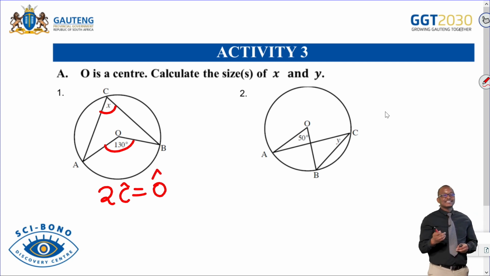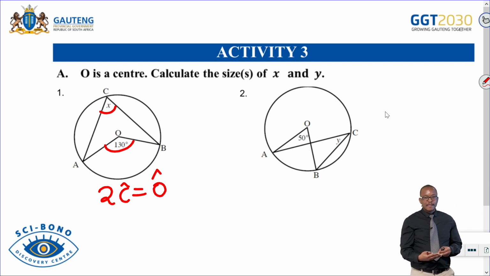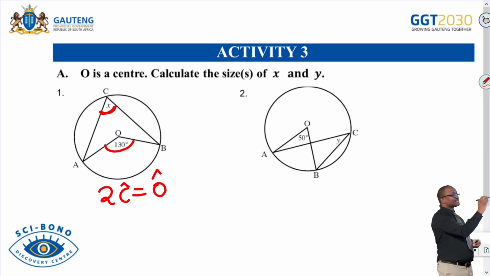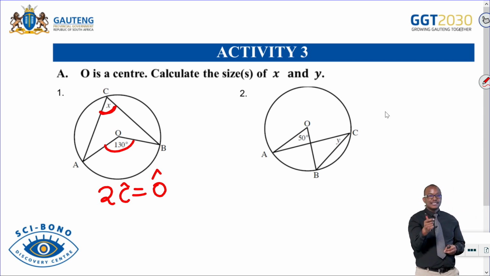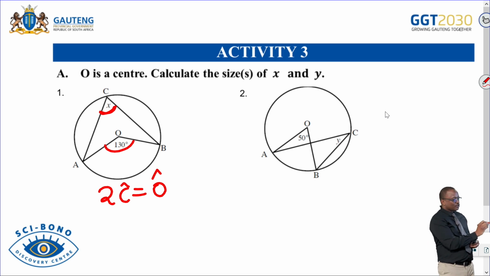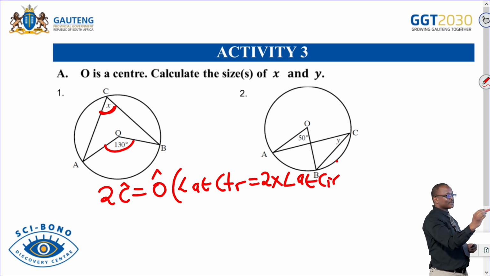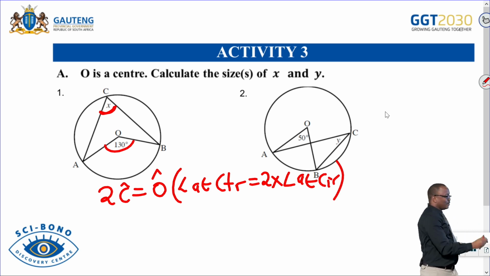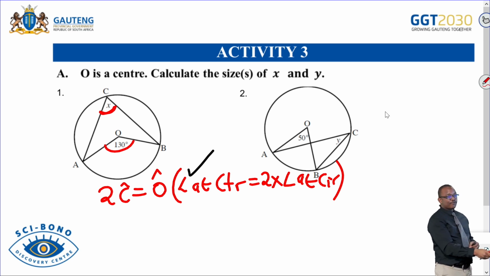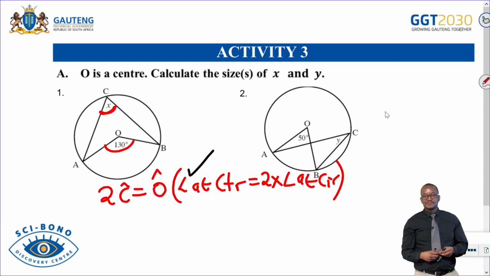The angle at center is just O, but the angle at the circumference is C, and O is twice C. Hence 2 of C is equal to O. Then the reason here will be: angle at center is equal to 2 times the angle at the circumference. Then you will have a mark for your theorem and a statement.